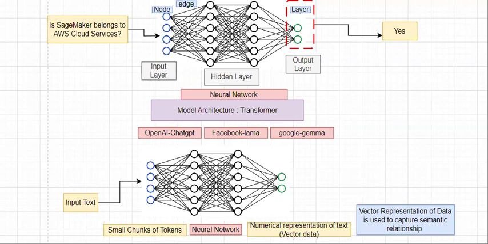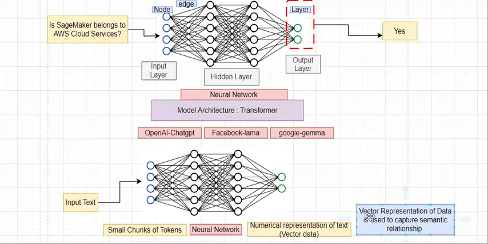So based on the whole sentence, we must represent that word as a vector representation. Then only can we analyze that word correctly.